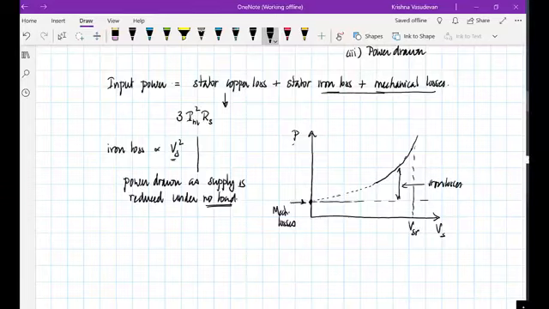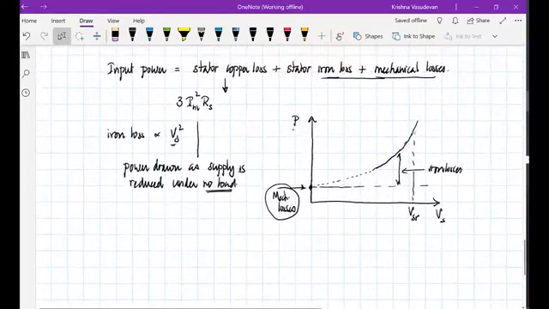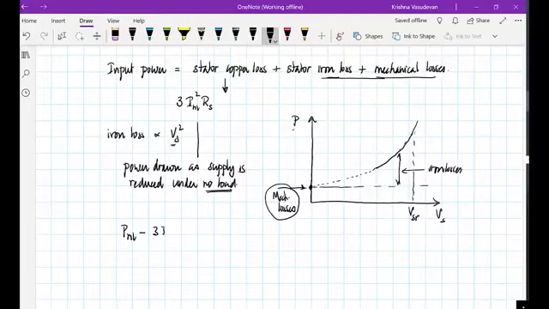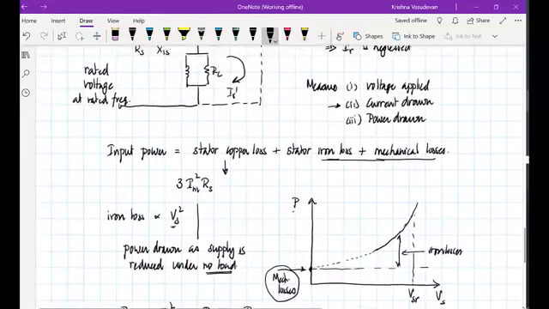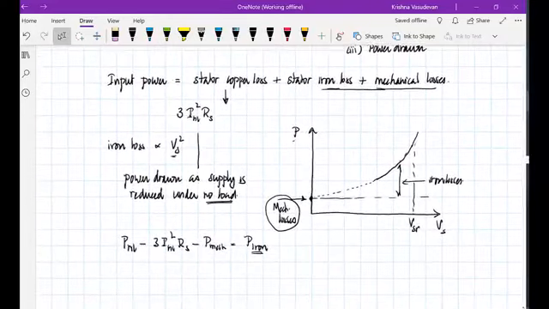So by this experiment then one will be able to separate out the mechanical losses that occur in the machine, and therefore P no load minus 3 times I no load square into Rs minus P mechanical losses is the loss that occurs in the iron at the rated operating condition at which you have excited. So this represents the iron loss that is occurring in the machine. So we now know what the iron loss is.